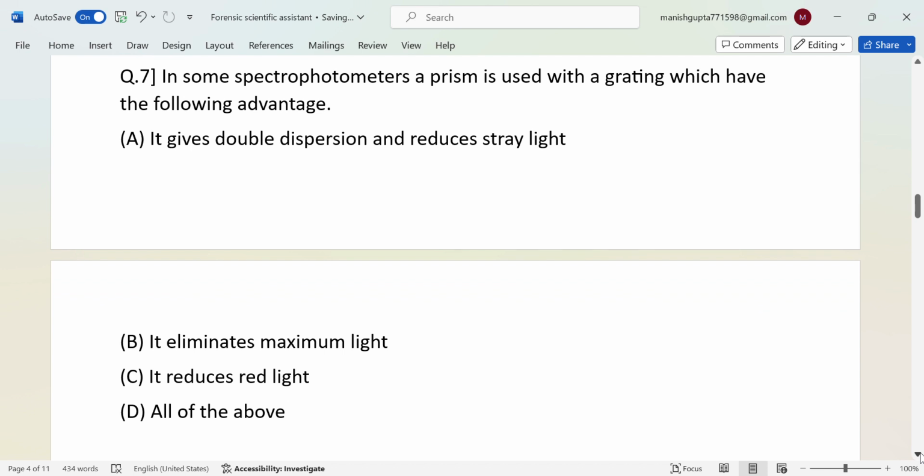All the above. Option number 1 is correct because when a light passes through the monochromator, it emits two beams, means double beams that disperse.